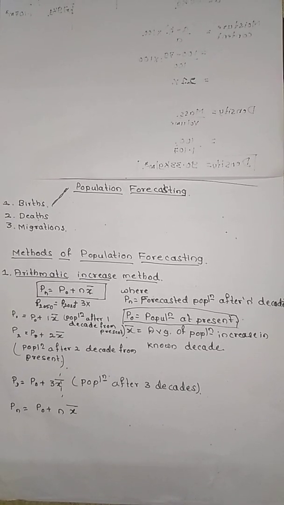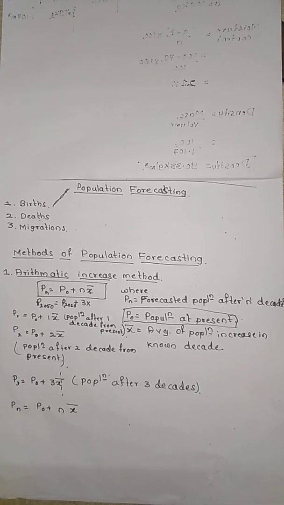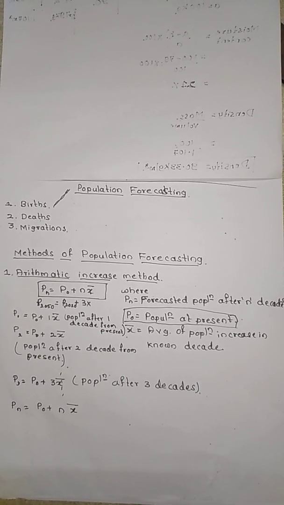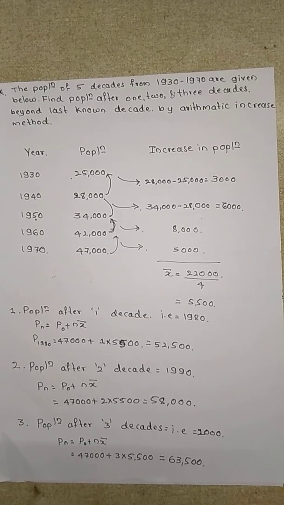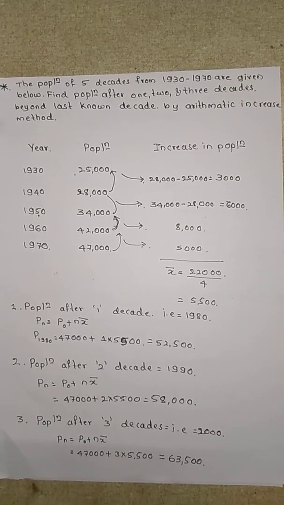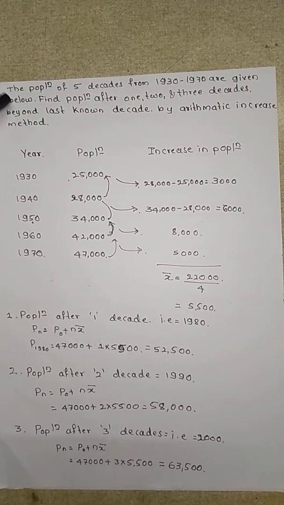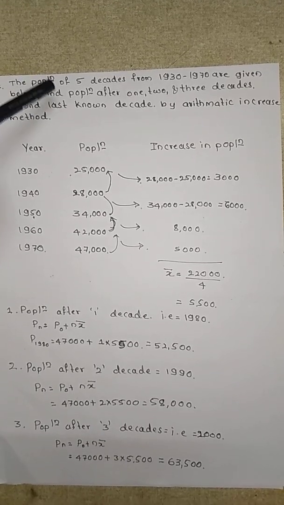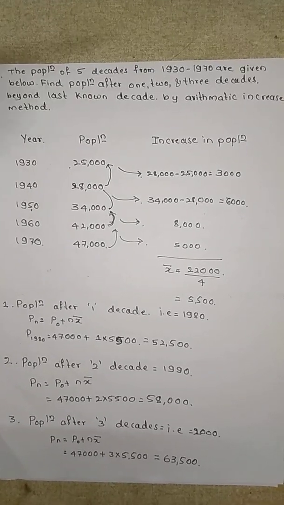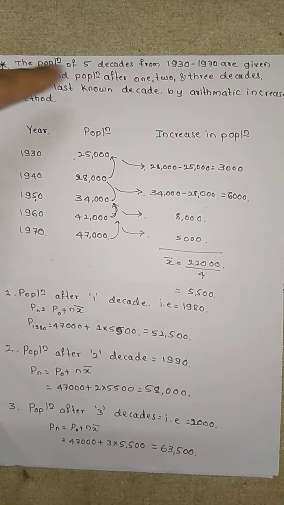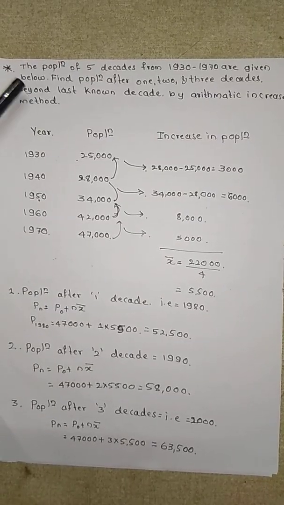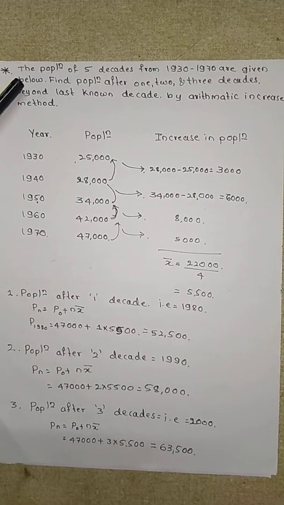Then we are going to discuss today's problem on the arithmetic increase method. The population of 5 decades from 1930 to 1970 is given below.